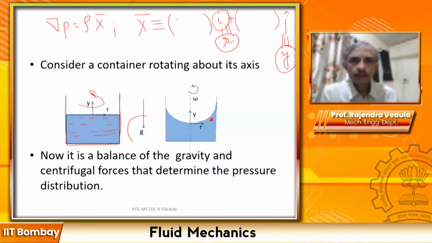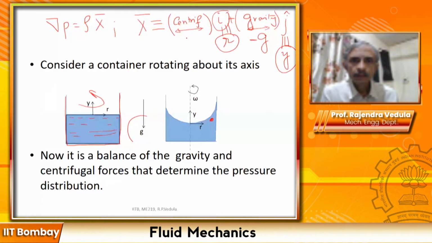Now let us put in values. This is a qualitative answer which is correct, but let us put numbers so that we can evaluate something. What is G? In terms of g, it will be minus g, so I've got a minus gJ. What about this term in the R direction?